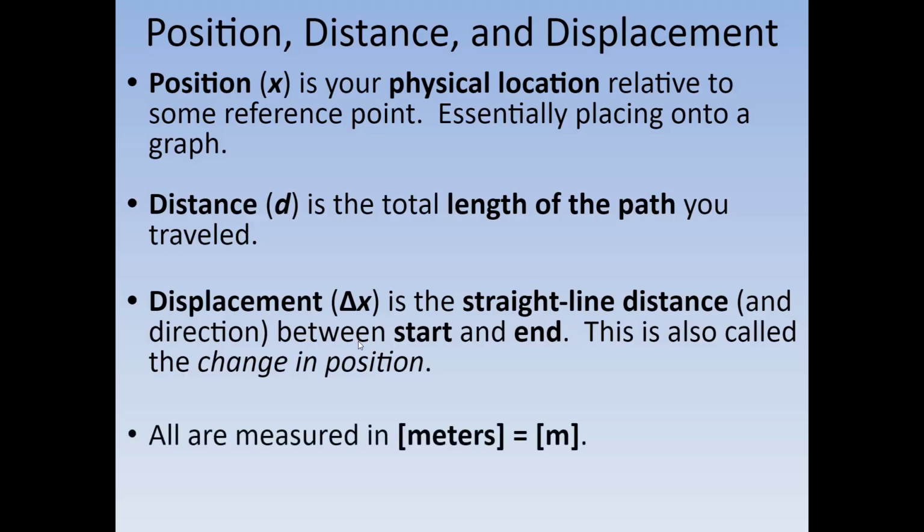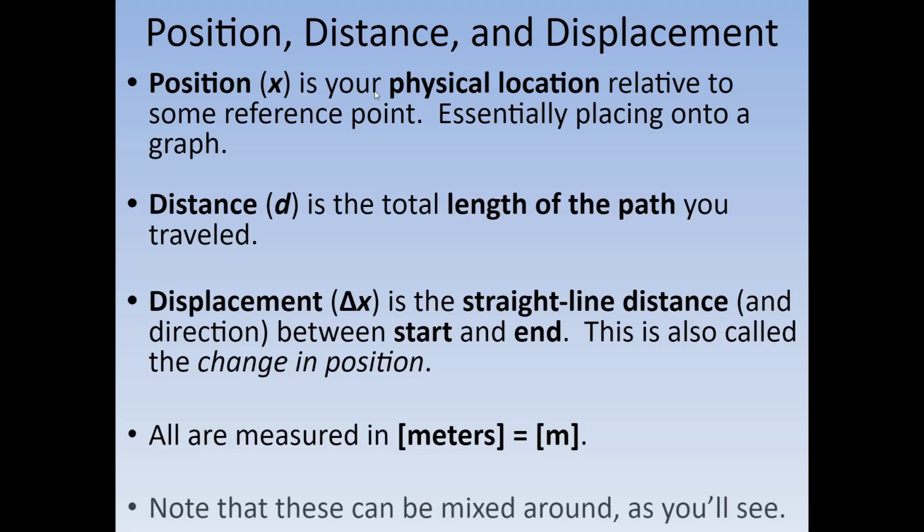Now, one thing to note, there's a few things actually. First off, all three of these terms are measured in meters. So your position's usually some meter location from some reference point. The distance is some meters that you travel. Same thing with the displacement. Another thing I should point out is that in a lot of cases, these three terms are interchangeable.